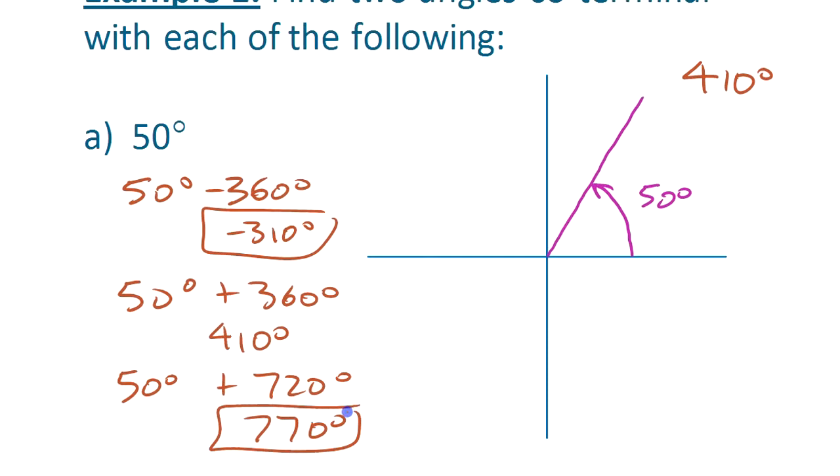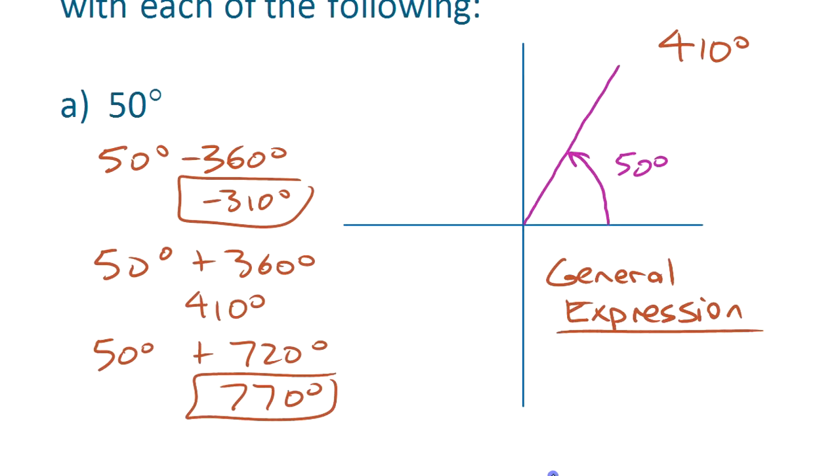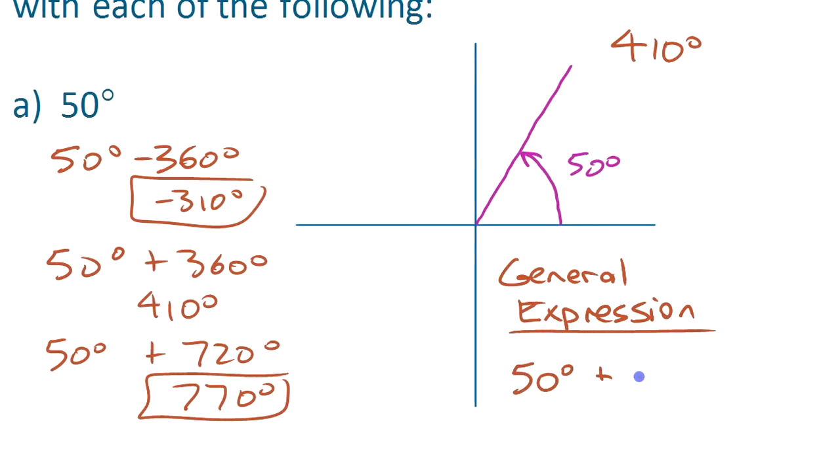Now, in fact, if you want to write an expression for all the angles that are coterminal, you can write a general expression by doing exactly what I just stated, which is add multiples of that full turn, 360. So you could say I have 50 degrees plus multiples of 360.